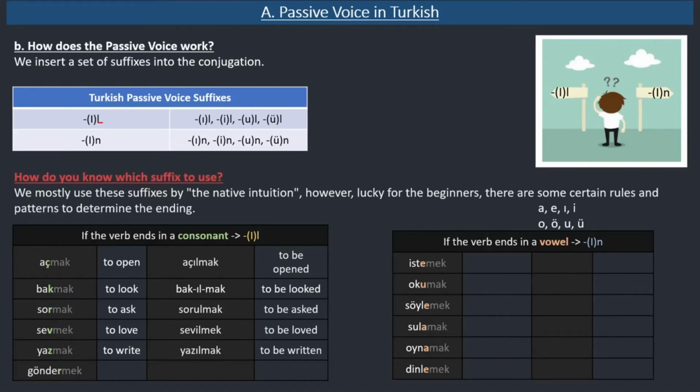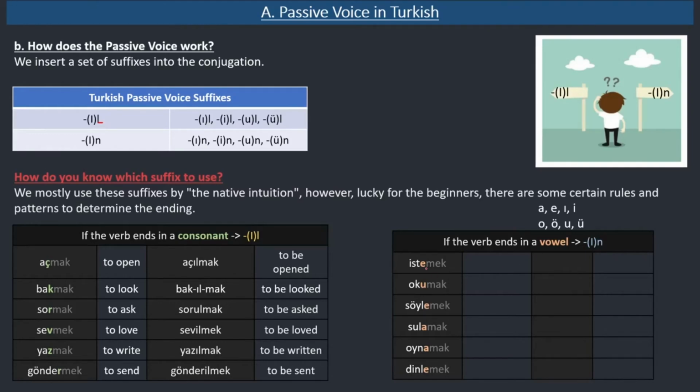Exactly. And göndermek, to send. Gönderilmek, exactly. You basically insert il because there's r at the end. To be sent. And next table, let's do that as well.